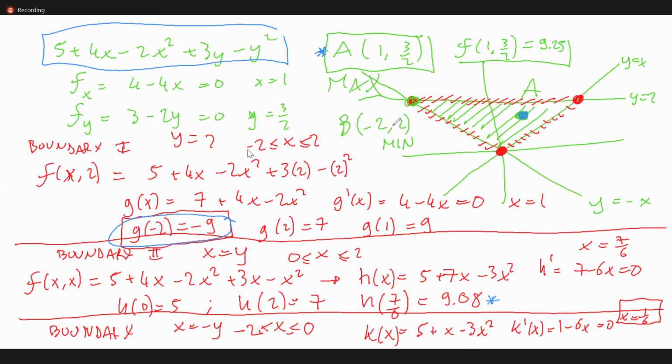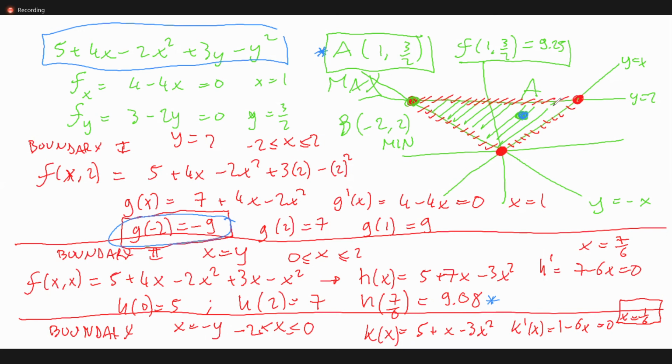So what did we do here? First of all, we identified any critical point inside the region. We identified point A. Then we studied the behavior along the boundary. So we identified any critical point along the boundary, for example, 1, 2, or 7/6, 7/6.